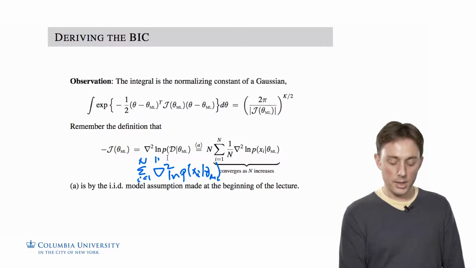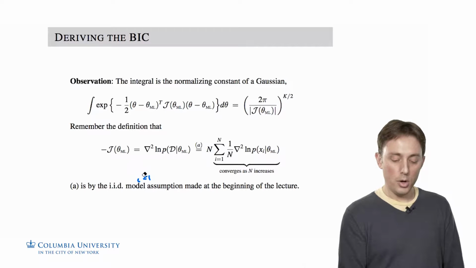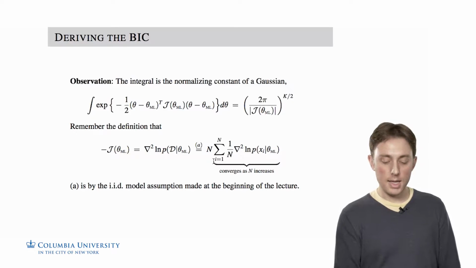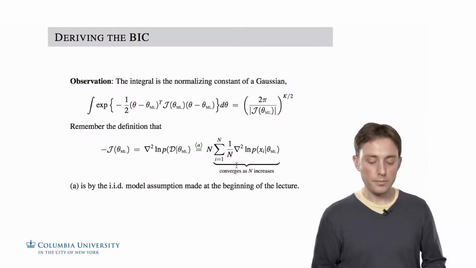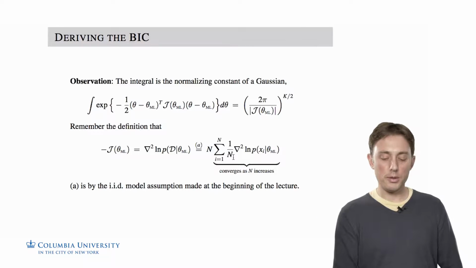So originally we can say this is equal to this, but then if we multiply and divide by n, we can then say that this term is converging to something as n goes to infinity. So notice we've simply done a trick here. We've multiplied and divided by n, so these two things cancel out.